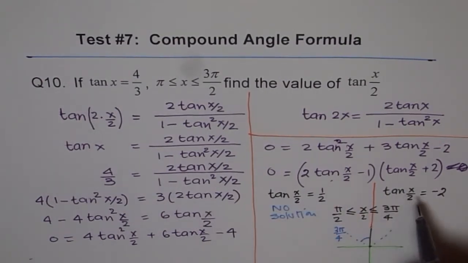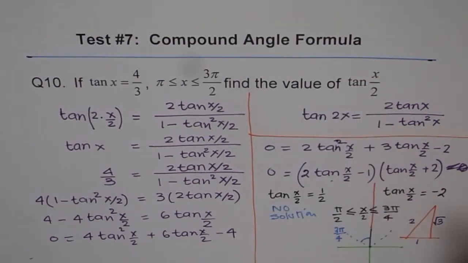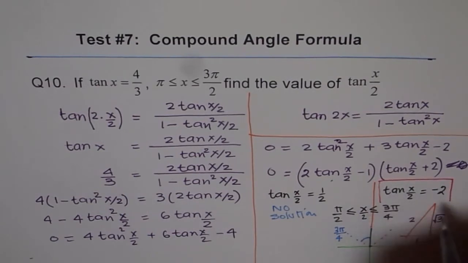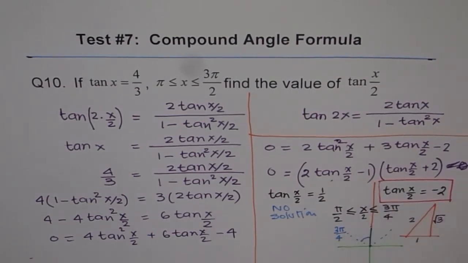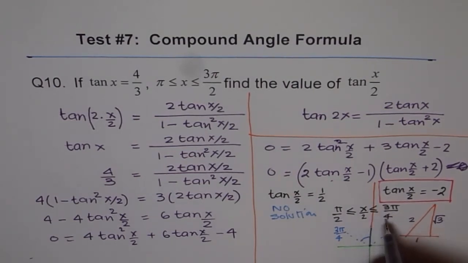But tan x by 2 equals minus 2 has a solution. It is possible to have this solution, since we are in this quadrant from pi by 2 to 3 pi by 4, where tan is negative.